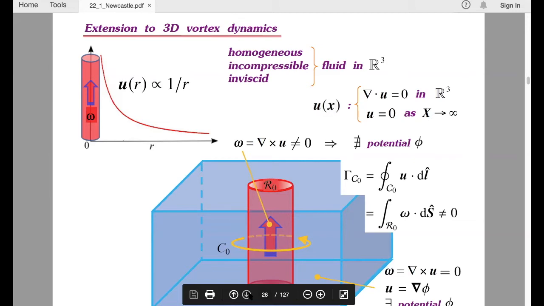The certain value that is given there is just reached when we have a finite cross section R0. Otherwise, evidently 1 over R makes us believe that the velocity would eventually go to infinity. We would have a singularity. Of course, that is not realistic. And that was part of the concern of Helmholtz.